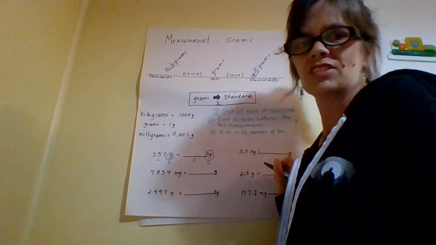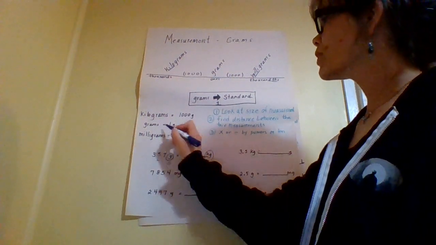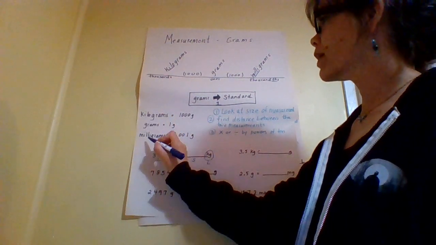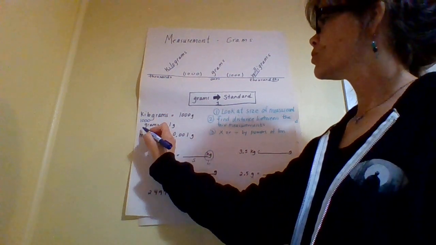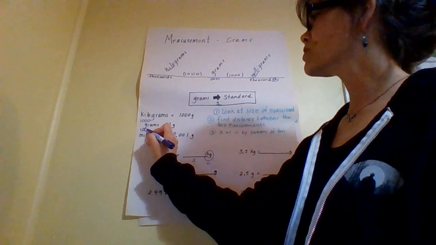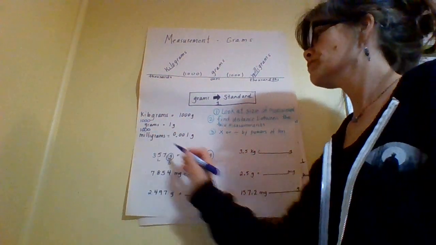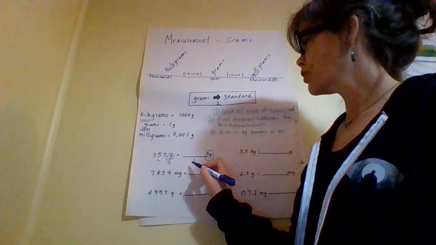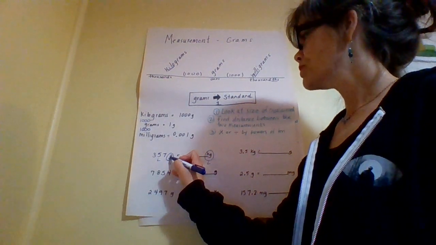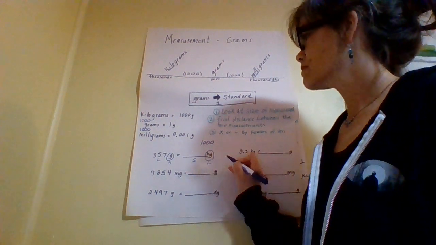Those centimeters just add an extra complication. Okay, so if we're going from grams to kilograms, we know that there's 1,000 in between. There's 1,000 grams in a kilogram, and there's 1,000 milligrams in 1 gram. So this makes our jumps pretty easy to figure out. So in between here and here, there's 1,000.